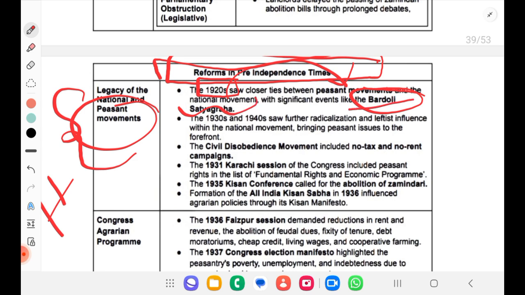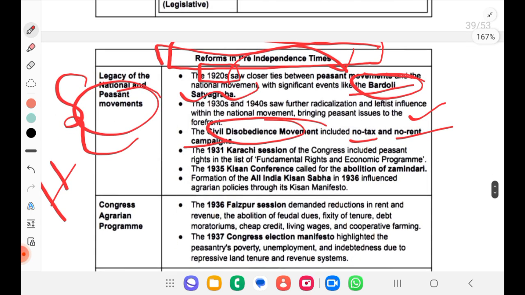The 1930s and 1940s saw further radicalization and leftist influence within the national movement, bringing peasant issues to the forefront. Later, during the Civil Disobedience Movement, there were no-tax, no-rent campaigns in the 1930s to 40s. The 1931 Karachi session of the Congress included peasant rights in its fundamental rights and economic program.